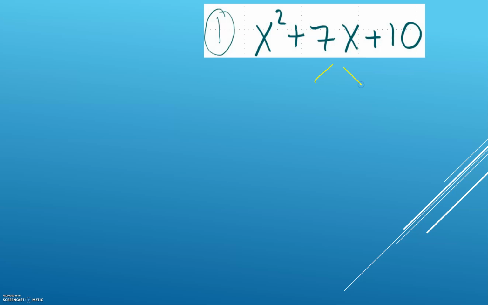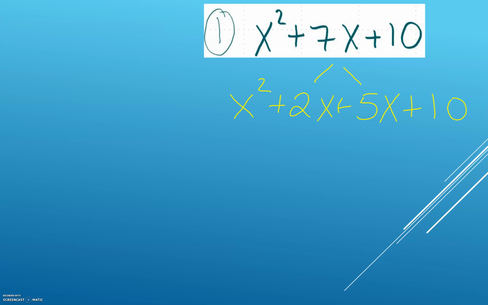Those two numbers are going to be 2x and 5x. 2x plus 5x equals 7x, and 2x times 5x gives us 10x squared. So we're going to add these in. Basically we're just rewriting that 7x.